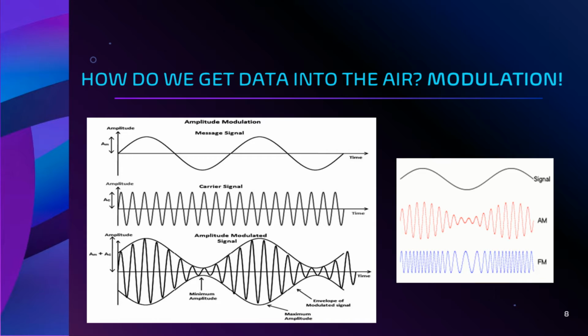So how do we get that message onto a RF wave? Well, we need to transpose it with a carrier signal. Now a carrier signal is just a sine wave that we are going to modify in different modulation methods to actually get it into a form that works.